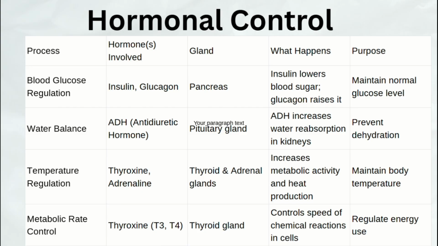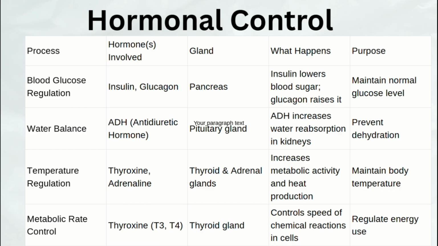If we're talking about water balance, then you have the pituitary gland producing ADH, and the ADH increases water reabsorption in the kidney and it prevents dehydration. Thyroxine and adrenaline, both of them help to regulate temperature.